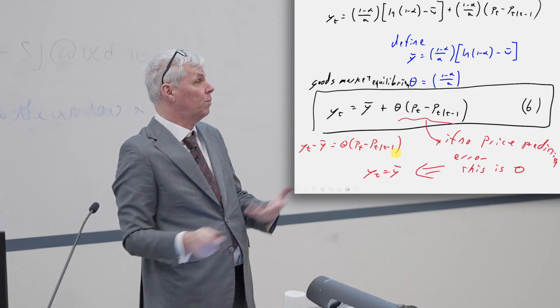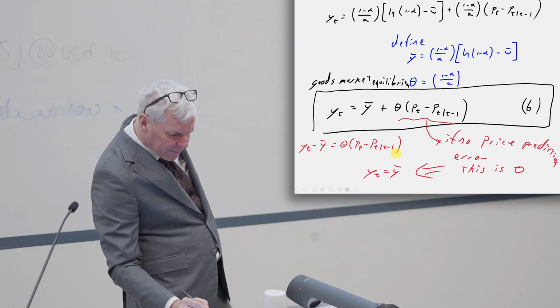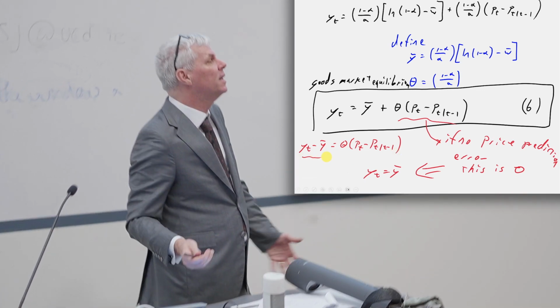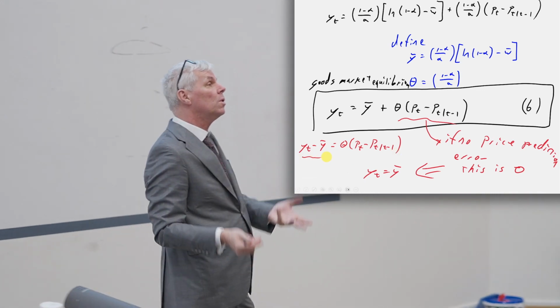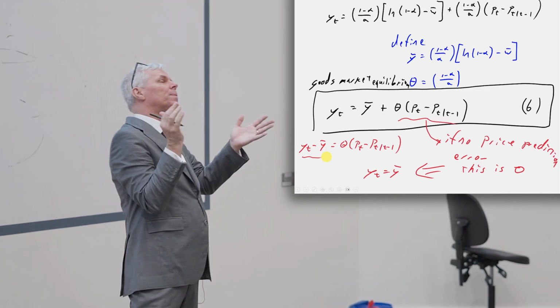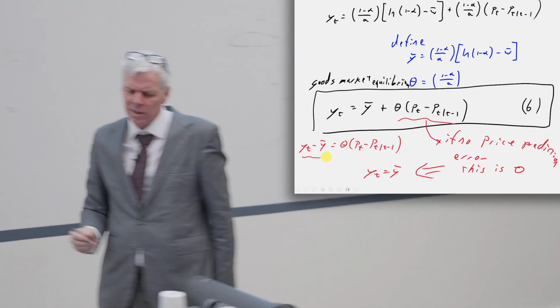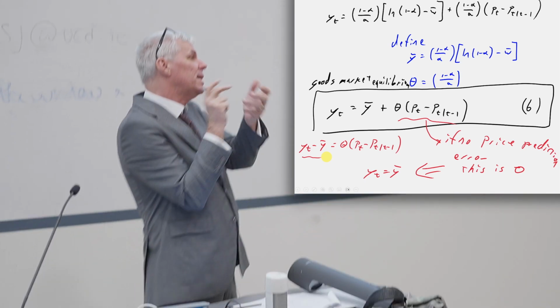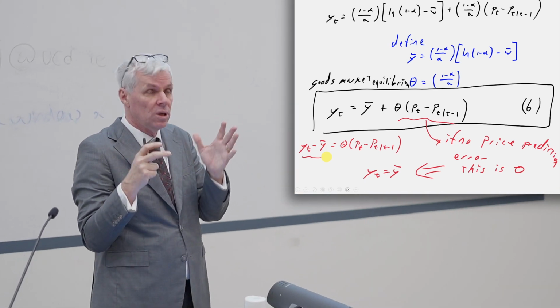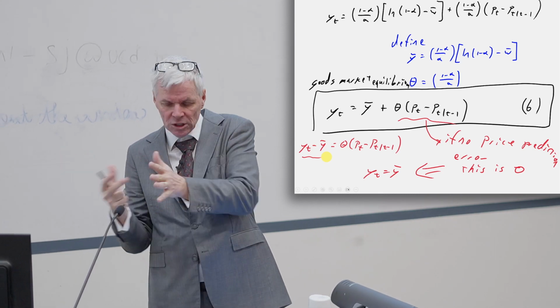That's just put it on the other side. And so we have this output in relation to the potential output, right? And so I want to write my other equation in a similar way, so I see output in relation to potential output.